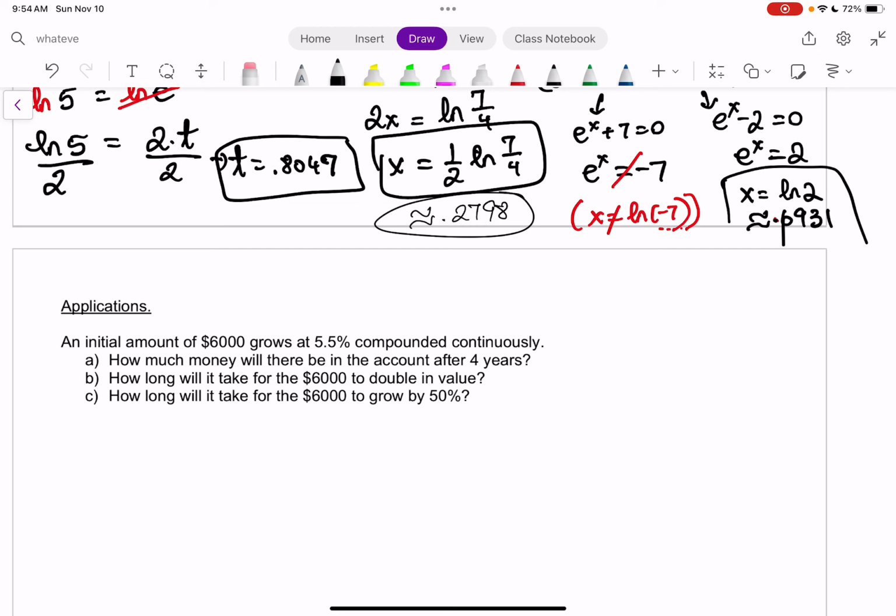So in other words, money growing at all times, constantly figuring out the interest and reinvesting it. So if you remember that formula, it is P times e to the rt, where P is the principal, the amount of money that we started with, right? So the principal is really the initial amount of money.